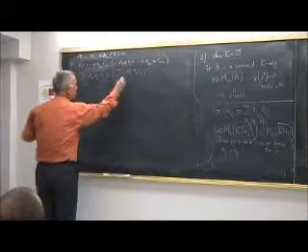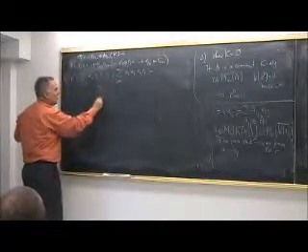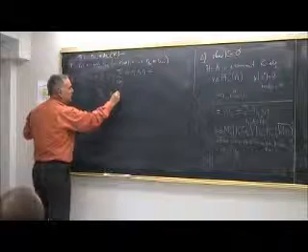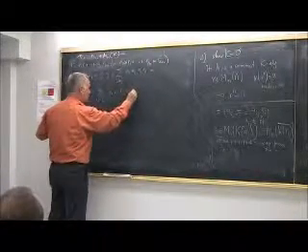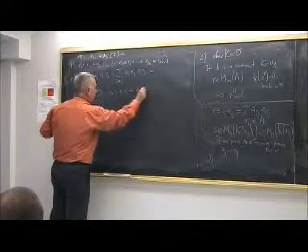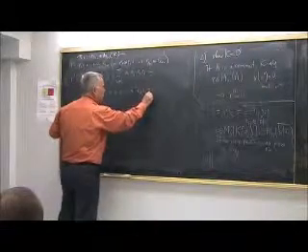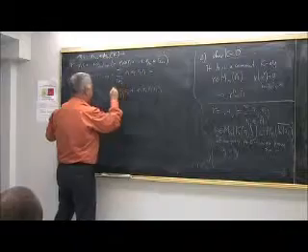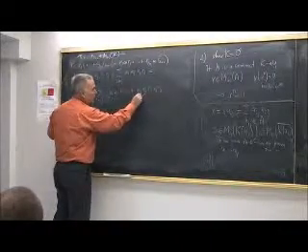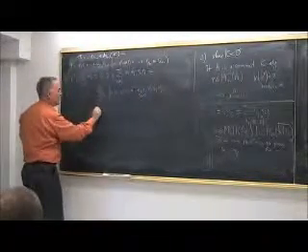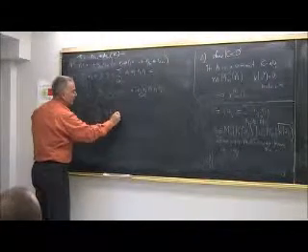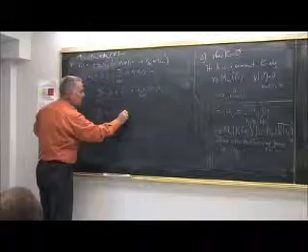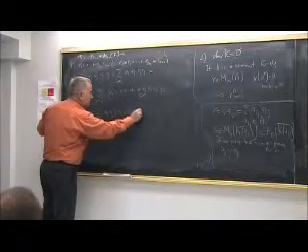Also, you can take them in pairs, i less than j, and you have e_i e_j R_i R_j plus e_j e_i R_j R_i. Now you change the place of these two elements and you get the same. You get the sum over i less than j of e_i e_j times (R_i R_j minus R_j R_i).